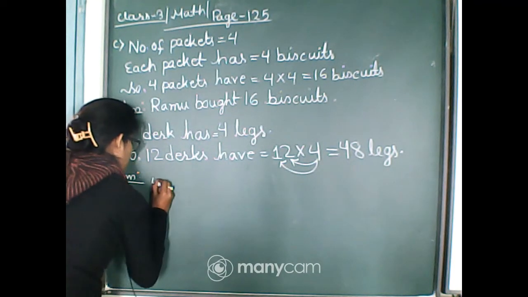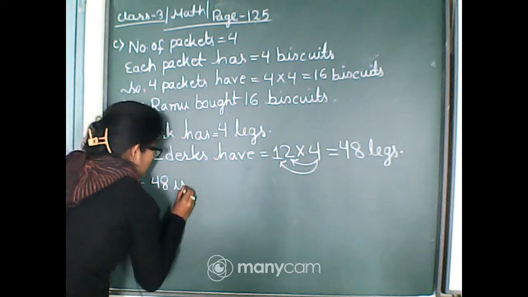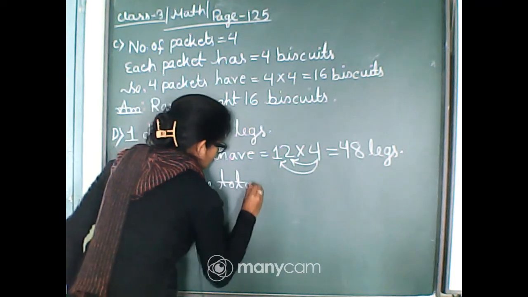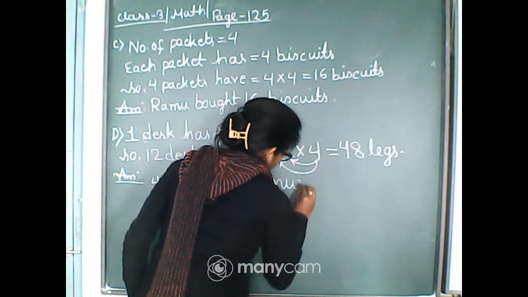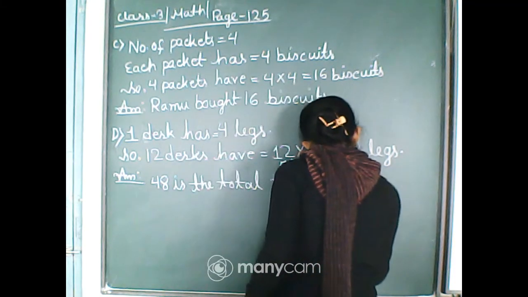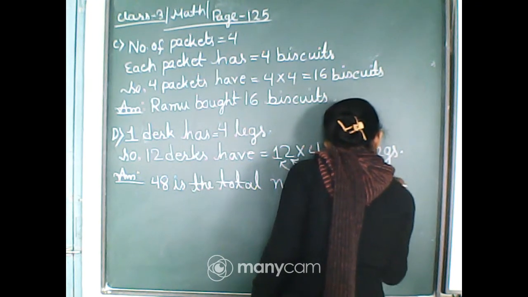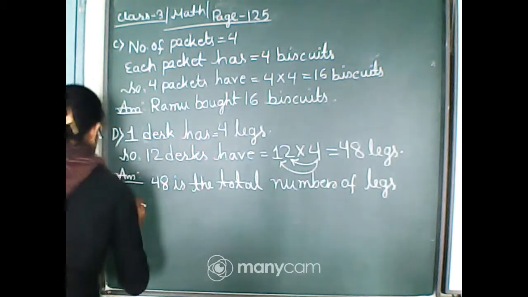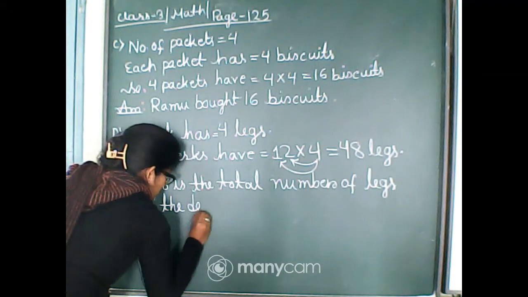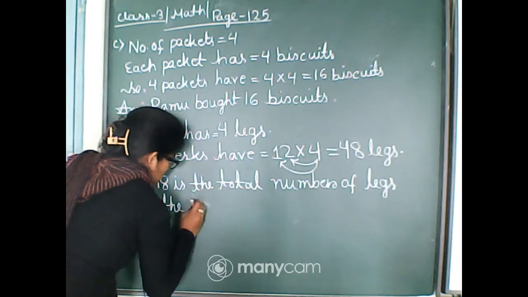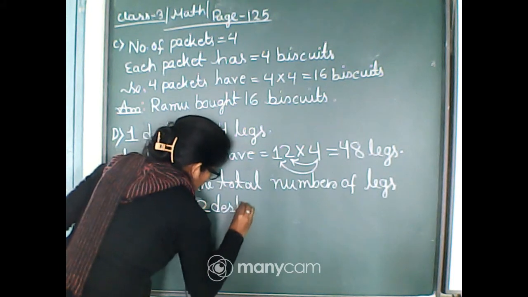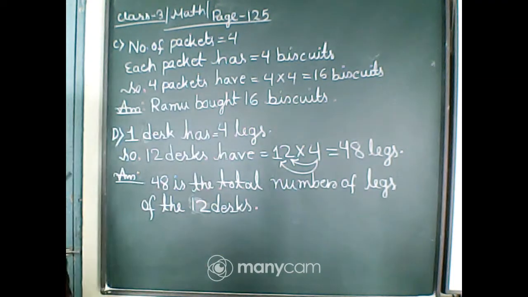So we can write 48 is the total number of legs of the twelve desks. Okay?